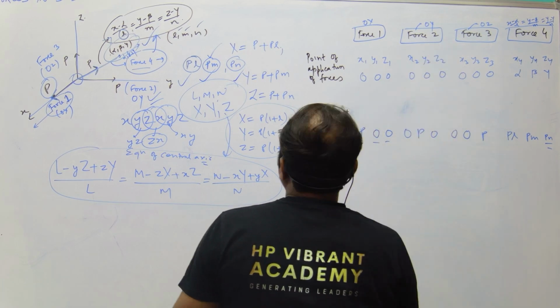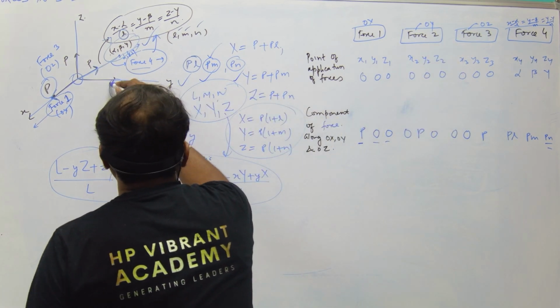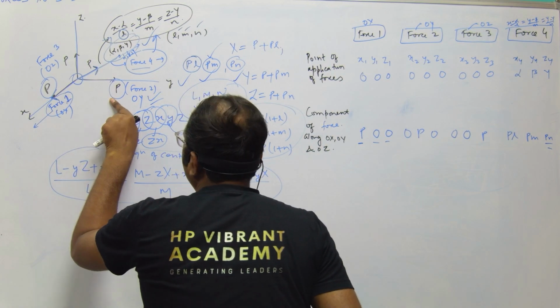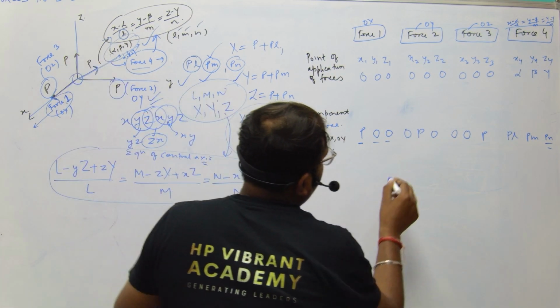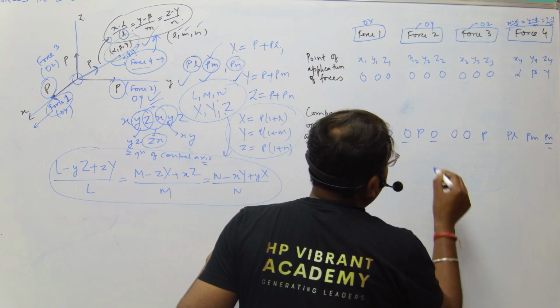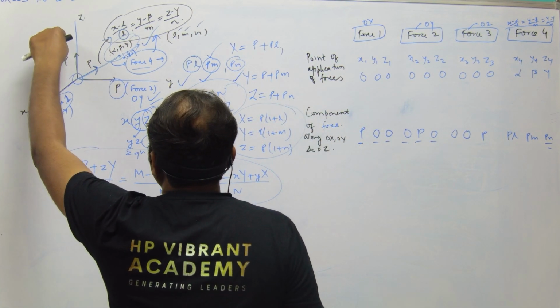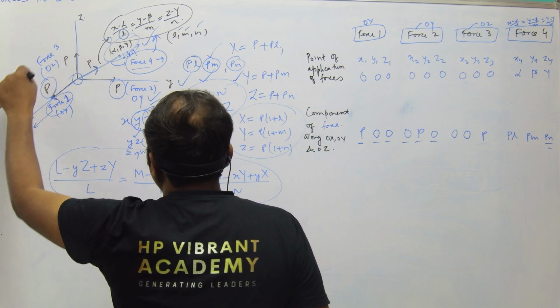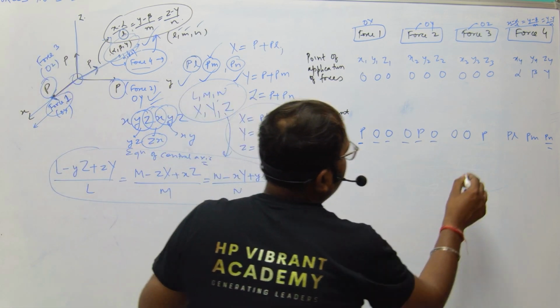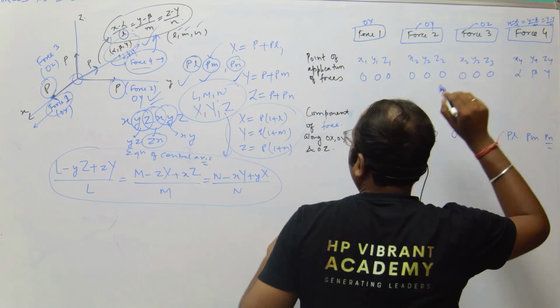Similarly for force 2 is along y axis. So there is no component of this force 2 along x axis and z axis. So we have kept 0 and 0 here. Only we have P component. Similarly for force 3, there is no component of force 3 along x and y. So we have kept only P here, that is force along the z direction.